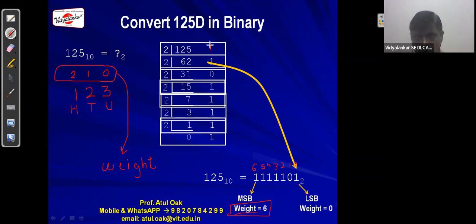This is basically all remainders, and these are all quotients. And this is a fixed denominator because the base is 2.